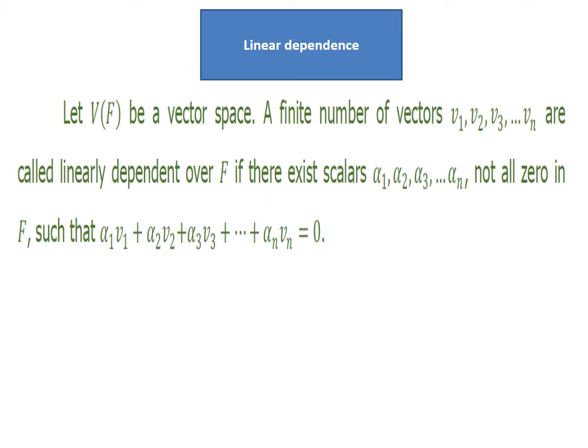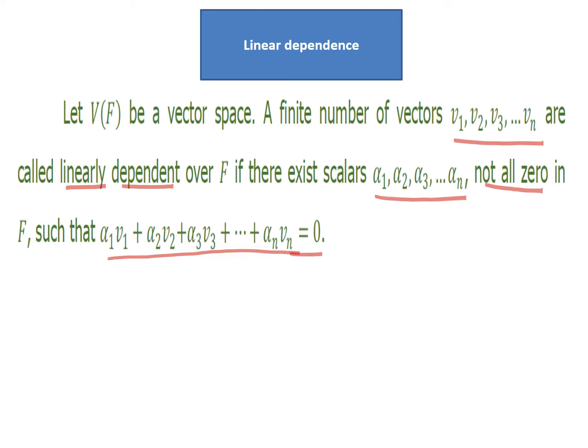Definition: let V over F be a vector space. A finite number of vectors v1, v2, etc., vn are called linearly dependent over F if there exist scalars alpha 1, alpha 2, etc., alpha n, not all 0, in F such that the linear combination alpha 1 v1 plus alpha 2 v2 etc. plus alpha n vn is equal to 0.